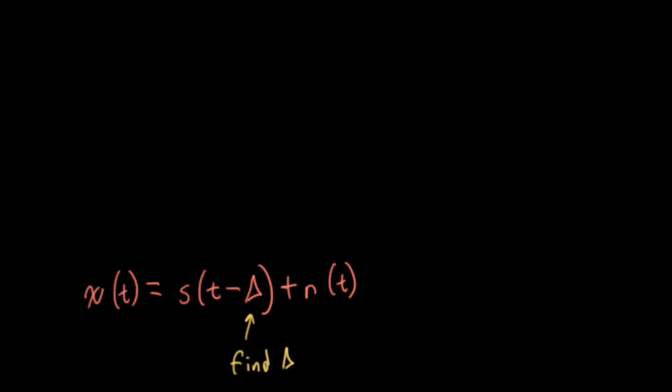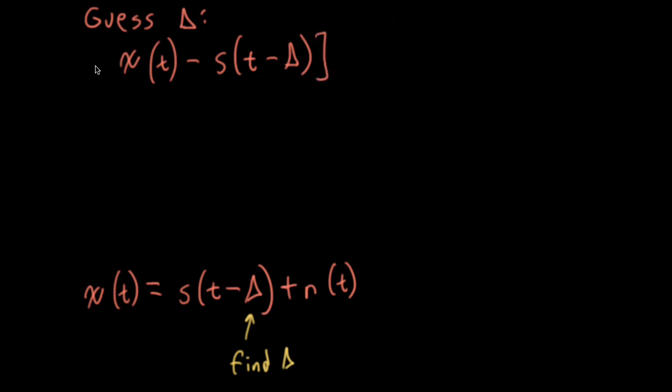What I'm going to do is say we have some received signal, x of t, and let's guess a particular delta. I'm going to subtract the template shifted by that delta and then take the square of that difference. So this is an error metric at some particular time t.